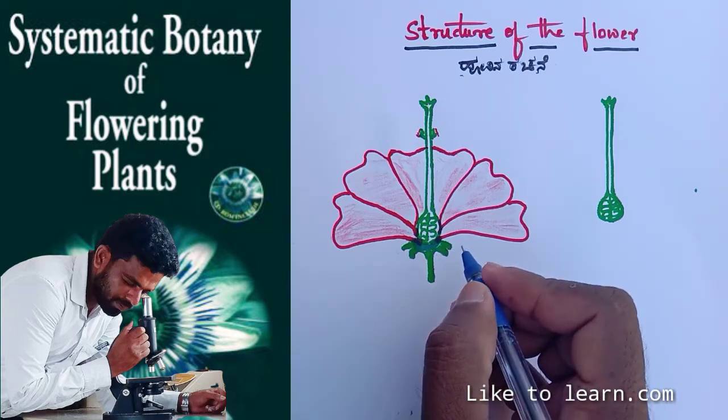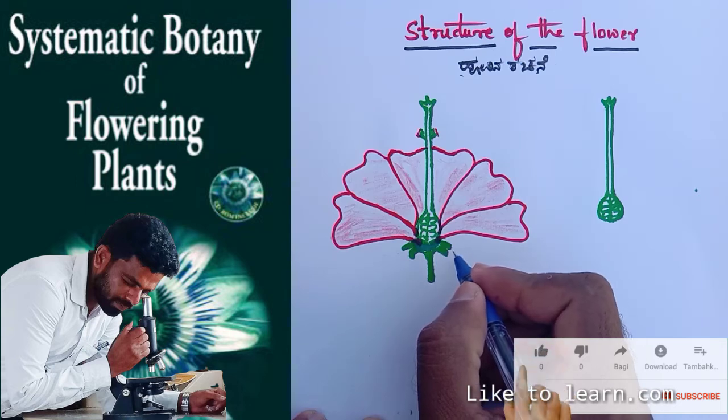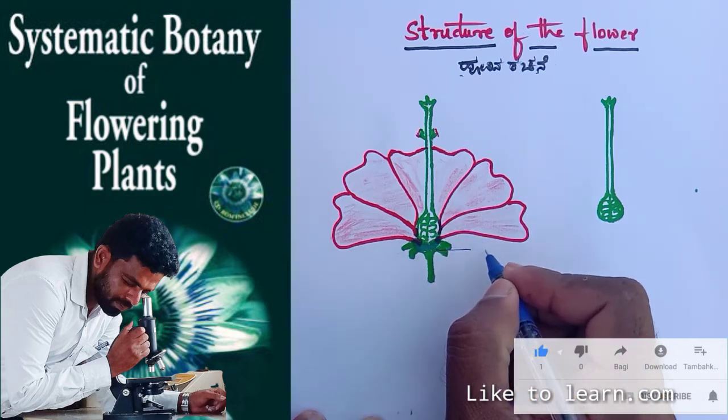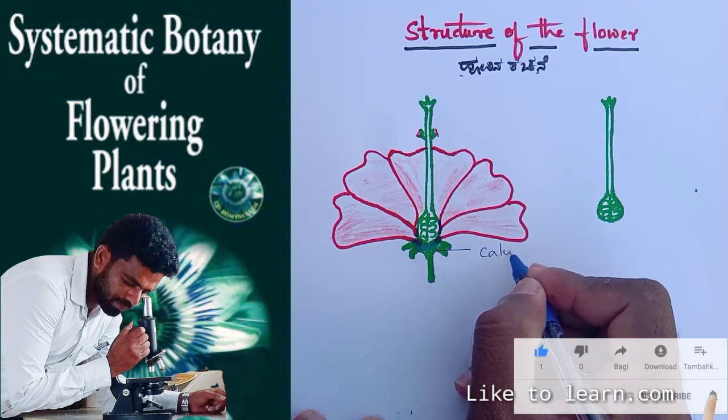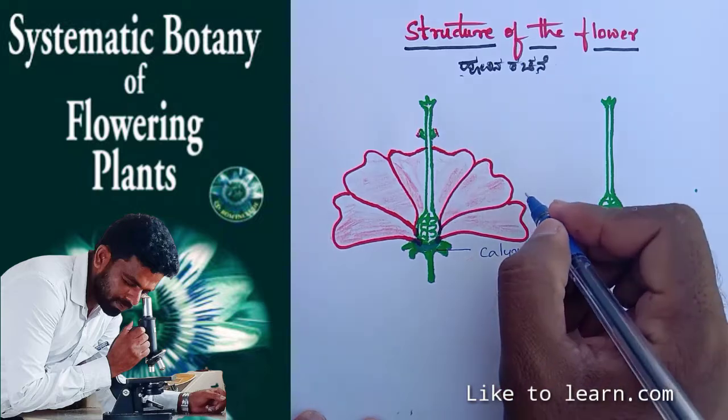See, this is the thalamus part. On the thalamus part, you have to observe whorls. This is the calyx, the first whorl, and then corolla.